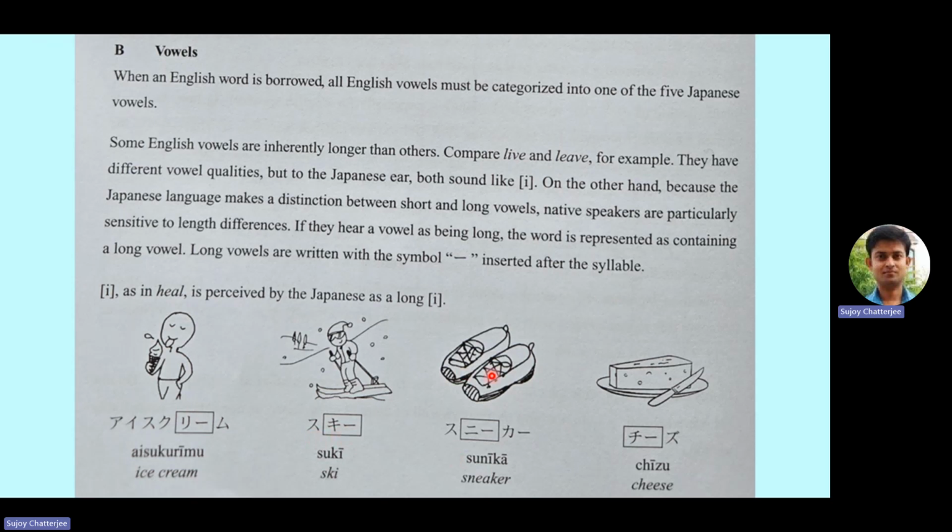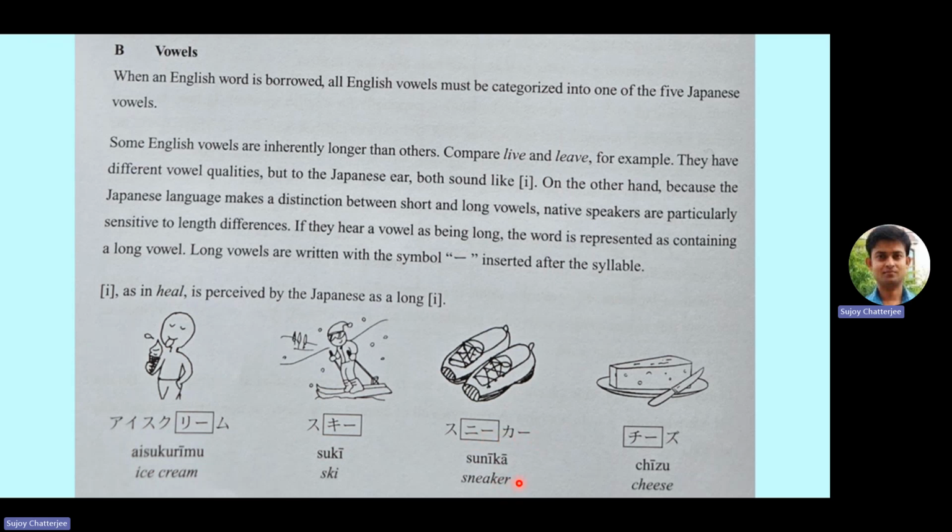Now sneaker, this pair of shoes. We call it in Japanese sunika, sneaker. Again devoicing is there. It's not sunika, it is sneaker. Since there is a long vowel here, ni will be followed by a dash sign and ka.